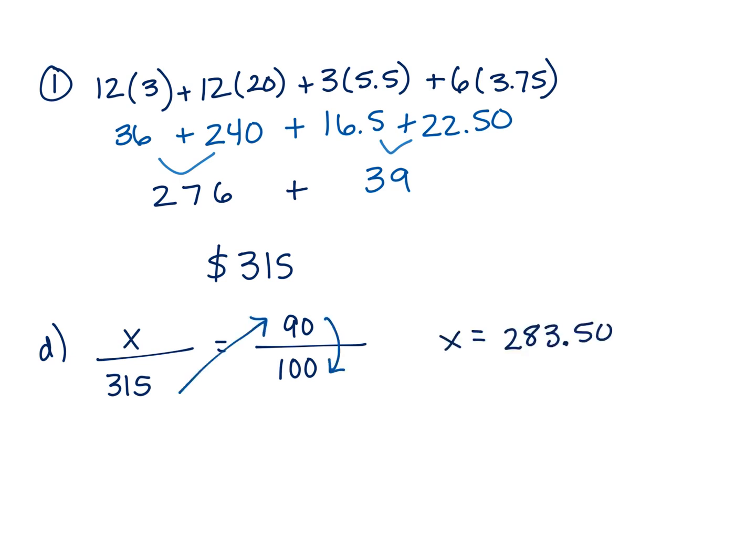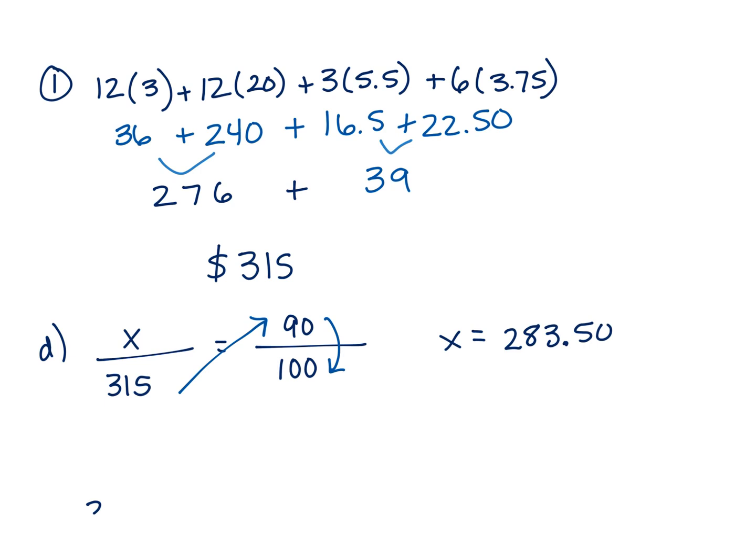But they also leave a tip. So we need to take that amount and set it up to leave the tip. If they are leaving a tip of 18%, that is an additional 18. So we would take 100 and add 18 to it.